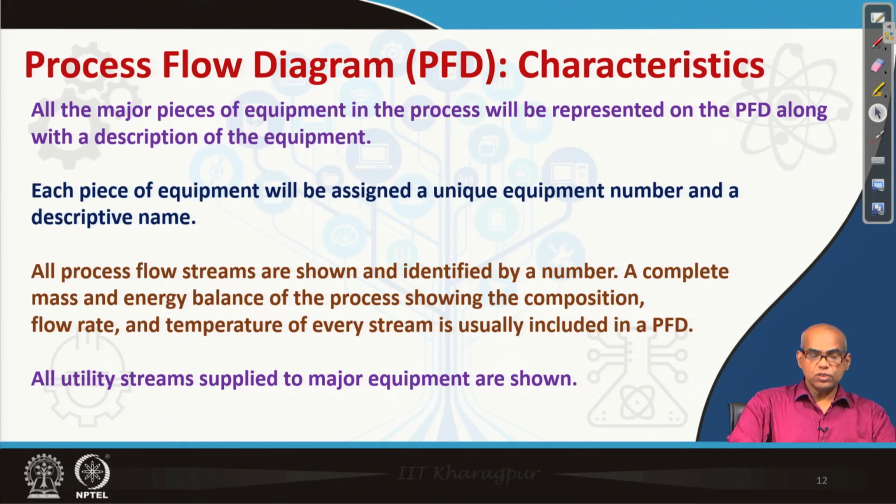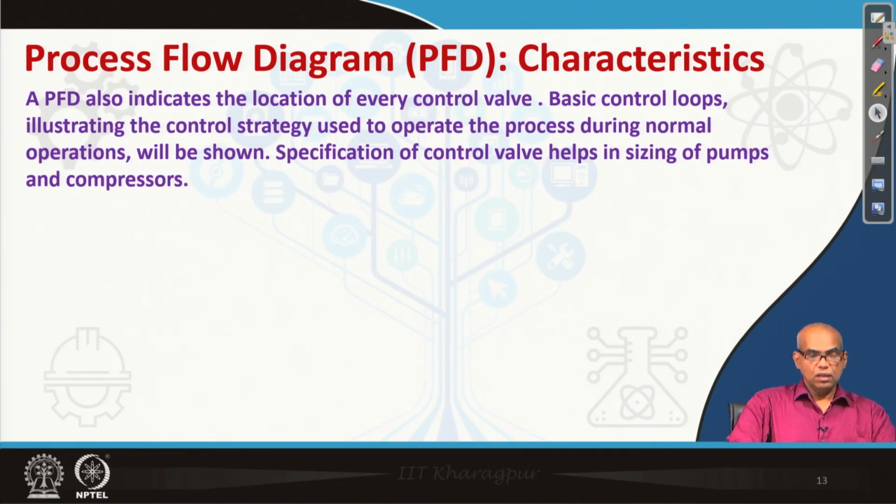All utility streams supplied to major equipment are shown. A process flow diagram also indicates the location of every control valve. Basic control loops illustrating the control strategy used to operate the process during normal operations will be shown. It may be noted here that specification of control valve helps in sizing of pumps and compressors.